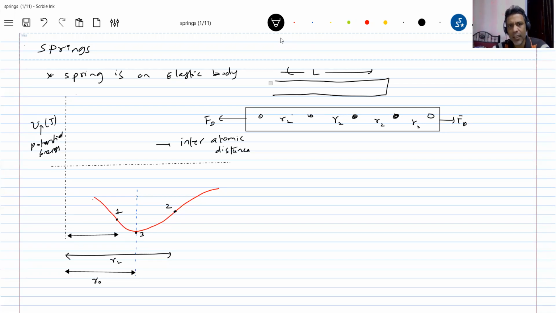Initially, if you look at the body, what is the distance between the atoms? It will be equal to, say, R naught.